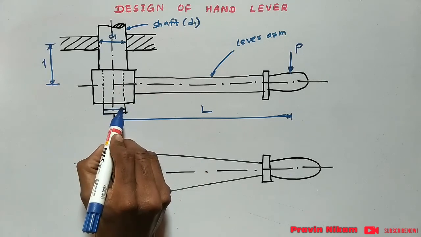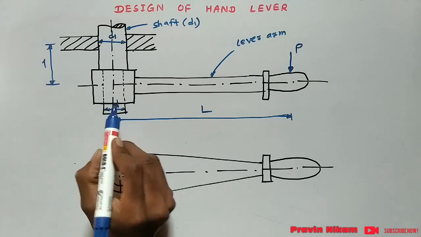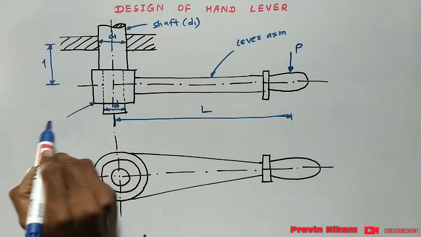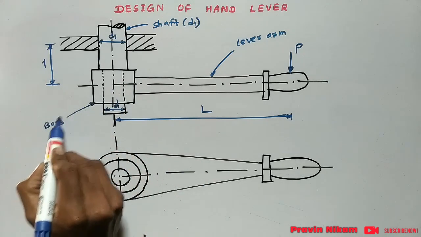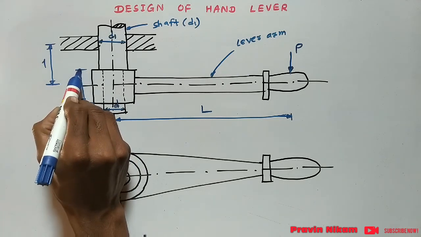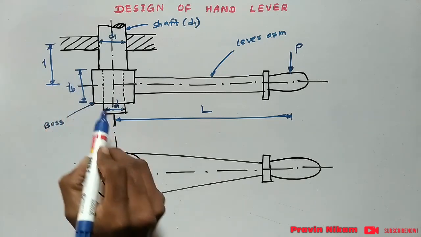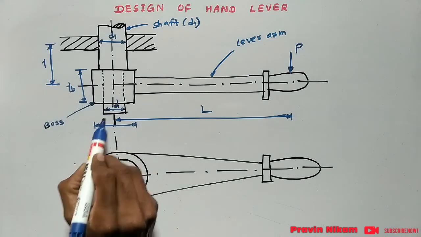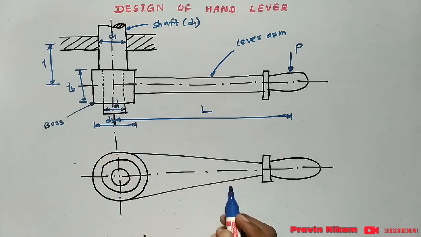Now the diameter of this shaft is small d. This is the shaft in boss. This is the boss, having length LB, the length of boss, and diameter DB, that is the diameter of boss.